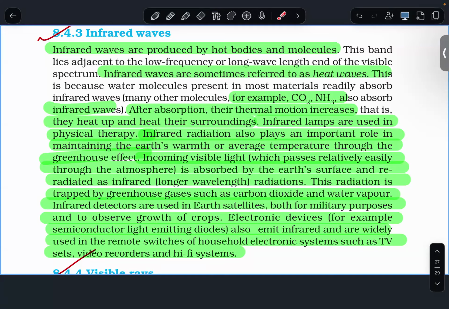Why? Because there is no atmosphere. When there is an atmosphere, the heat and light we receive during daytime are trapped by the atmosphere, and this helps in maintaining an average temperature.